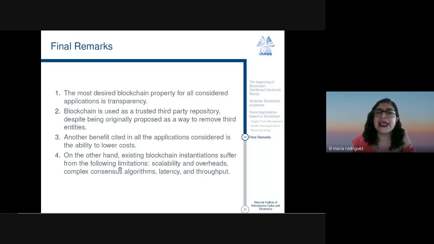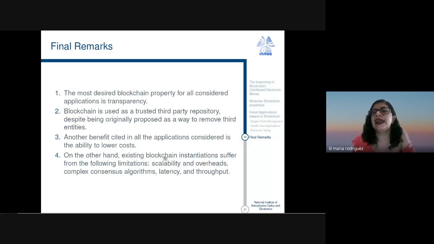So finally, I don't want to forget that there are many challenges about the blockchain itself. All existing blockchain instantiations suffer from one of the following limitations.